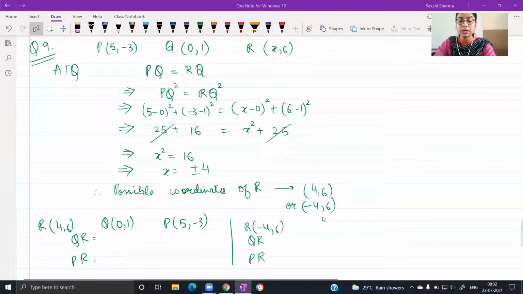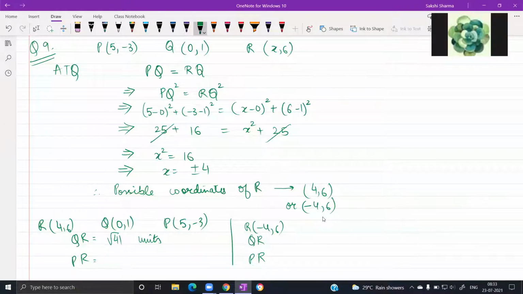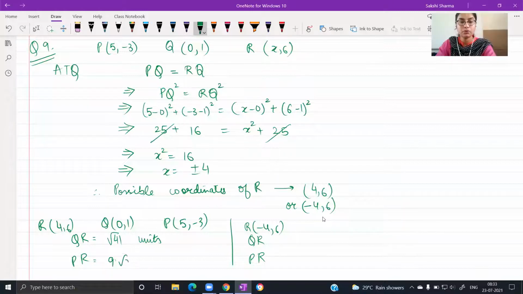The distance QR, if you take R as 4, 6, comes out to be root 41 units. What about PR? 9 root 2 units. Are you sure? 81 plus... it will be 82, so root 82 units.